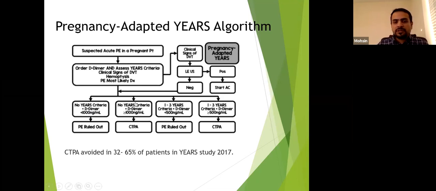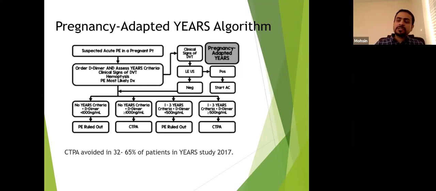If there are no YEARS criteria, your cutoff will be 1000 for D-dimer. And if your YEARS criteria is 1 to 3, you have a D-dimer cutoff of 500. And according to that, you can rule out PE or go for further workup.